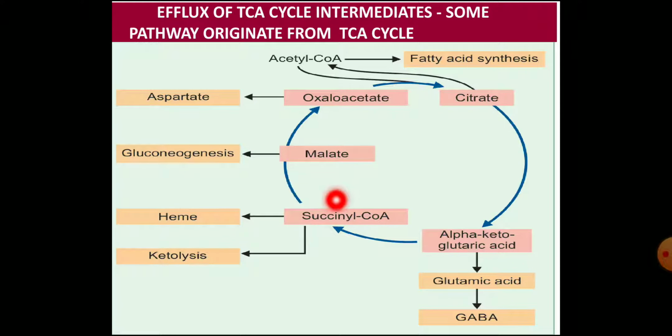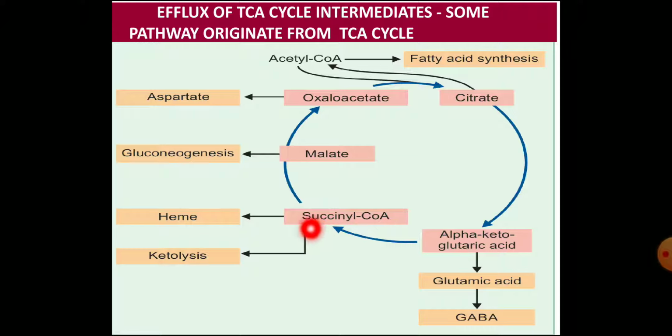Then succinyl coenzyme A can be used for the synthesis of heme. For the first step in the synthesis of heme, succinyl coenzyme A is required. That is succinyl coenzyme A plus glycine to form delta aminolevulinic acid, which is the first step in heme synthesis. Then succinyl coenzyme A can also be utilized for ketolysis.